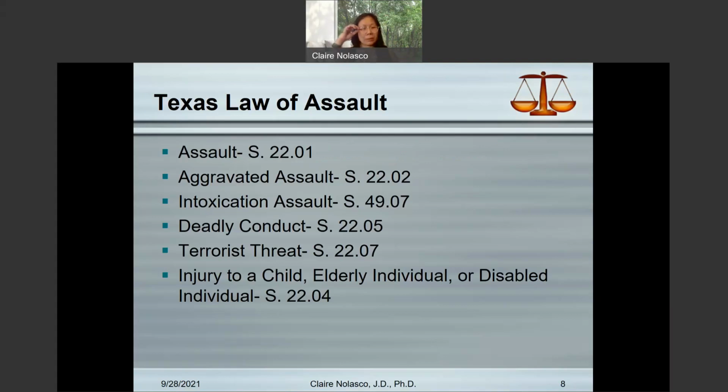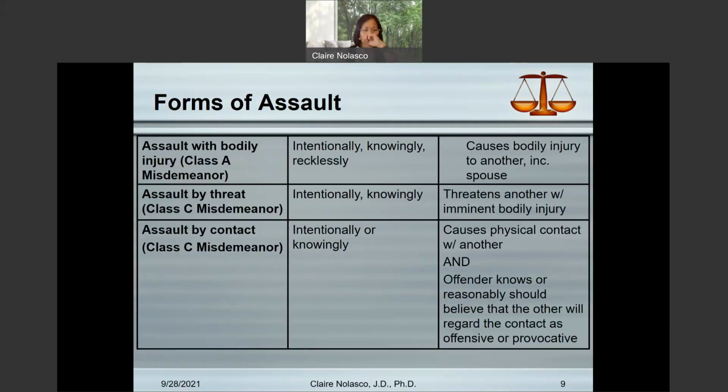First, simple assault. Second, aggravated assault. Third, intoxication assault. Fourth, deadly conduct. Fifth, terroristic threat. And sixth, injury to a child, elderly individual, or disabled individual.